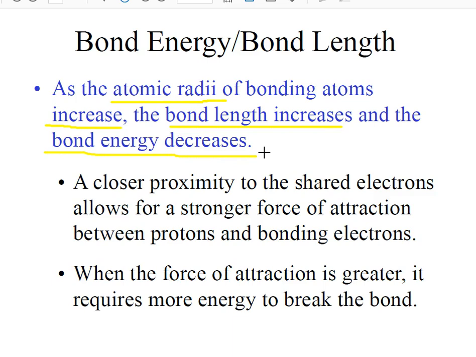So that's when the bond energy would go up if they were close together. But think about if a bond is really long, that's going to be easy to break. So if the bond energy is low, that's because the atoms are kind of far apart. So we can just go in and break them apart really easily. But if they're tiny atoms and they pack in really, really tightly, it's going to be hard to break them apart.